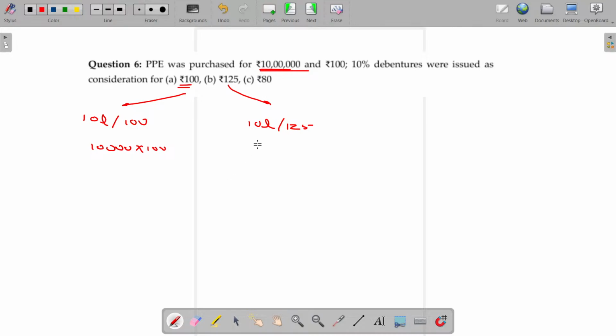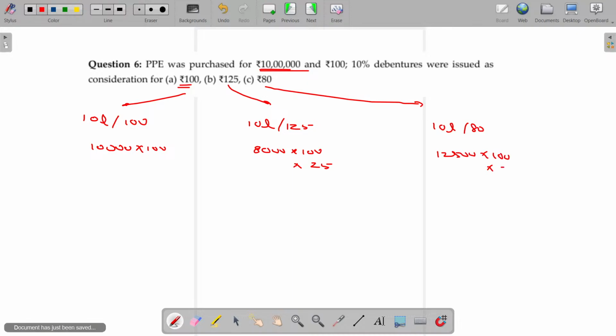How many debentures do you have to issue? 8,000 debentures. Am I right? Yes or no? So 100 is the face value, and 25 will be the securities premium. And in case of 80, 10 lakhs divided by 80, come on, tell me. 12,500 debentures you have to issue, where 20 rupees is the discount to be deducted.